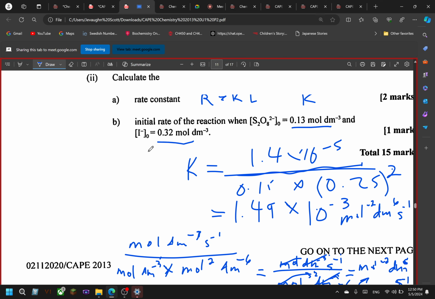So you plug in this value, you plug in this value squared, and you plug in the k that we just calculated in order to get the initial rate. So rate is equal to this k here, times the product of these concentrations.